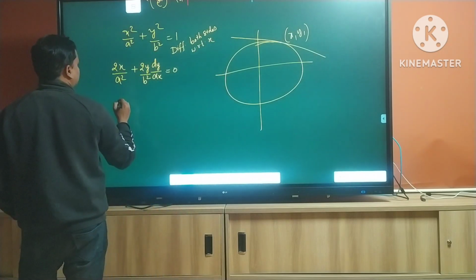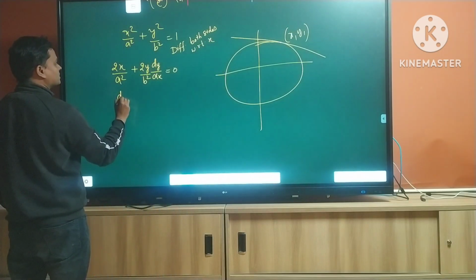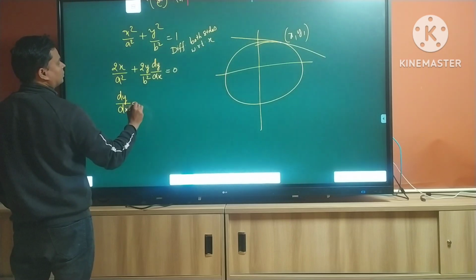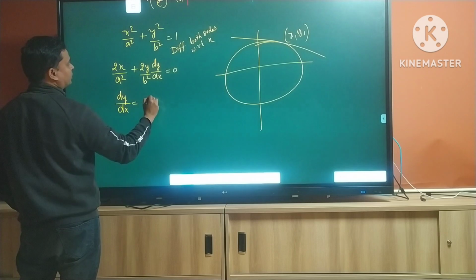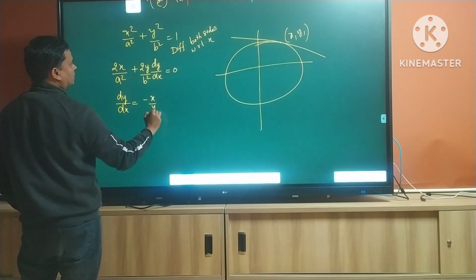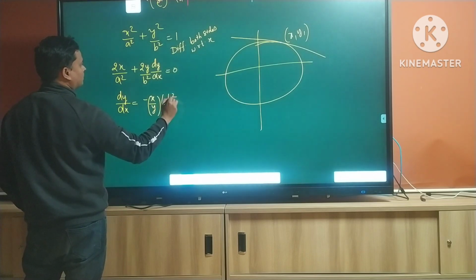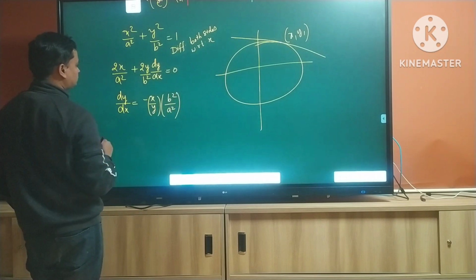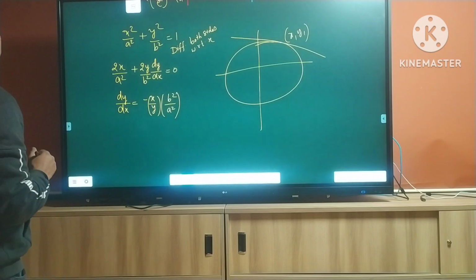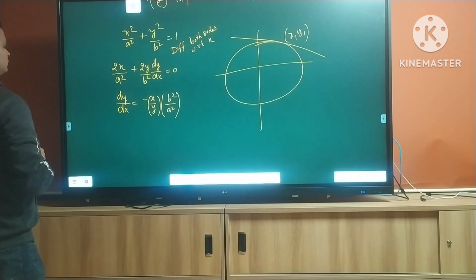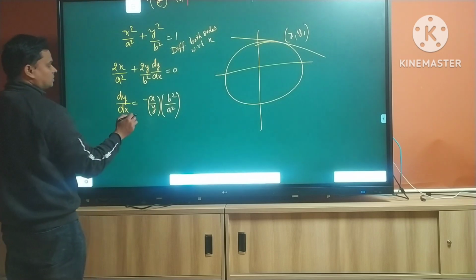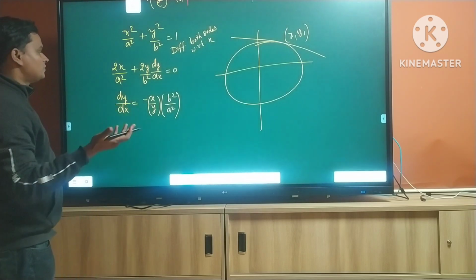Now from here I can write dy by dx is equal to minus x upon y into b square upon a square. Is this right? Yeah. So this is the general equation of slope.